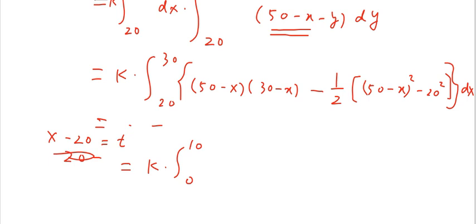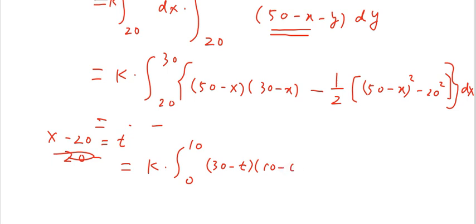Then 50 minus x becomes 30 minus t, right? And 30 minus x becomes 10 minus t.